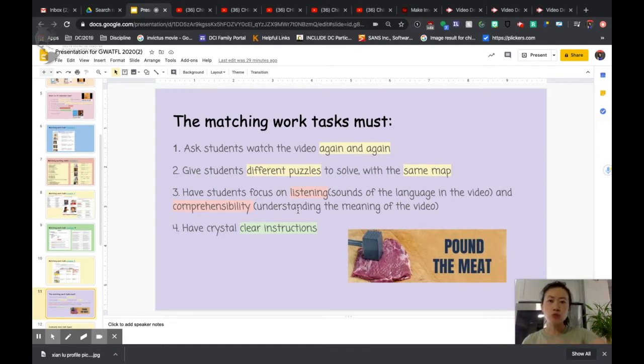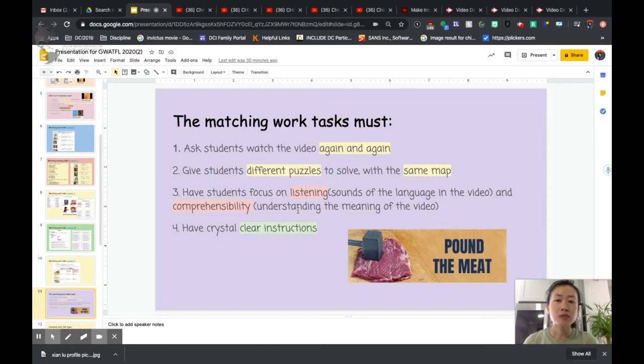They just have to watch it, digest it in different ways, so that you make sure they digest it well, they know it well, and they remember those sounds from the video. Okay, so a good matching work task must ask the students to watch the video again and again, and they don't feel bored yet. The second feature is it's like giving students different puzzles to solve, but with the same map.